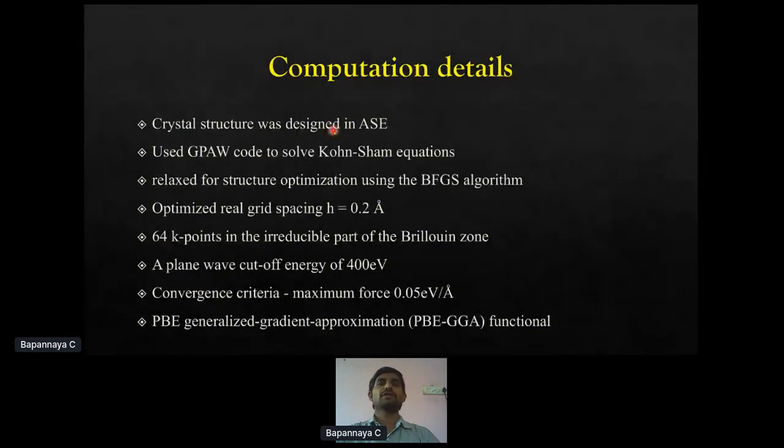The computational details are as follows. The crystal structure of this material was designed in the Atomic Simulation Environment. We have used the GPAW code to solve the Kohn-Sham equations. Actually, these equations are the basic single electron Schrodinger wave equations, and GPAW works as the DFT calculator.